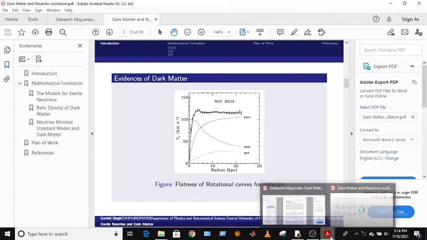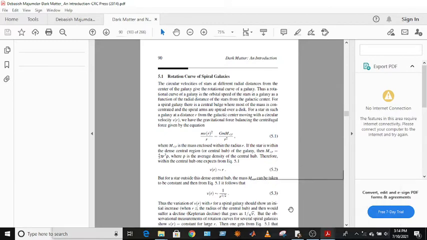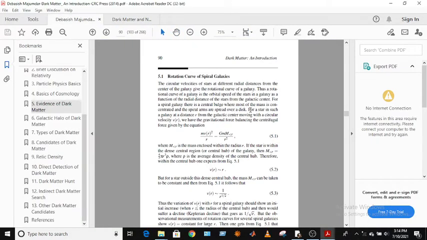For a star at a radius r from the galactic center moving with circular velocity v(r), there must be a gravitational force, because the galaxy contains a huge amount of matter, and this gravitational force is balanced by the centrifugal force.